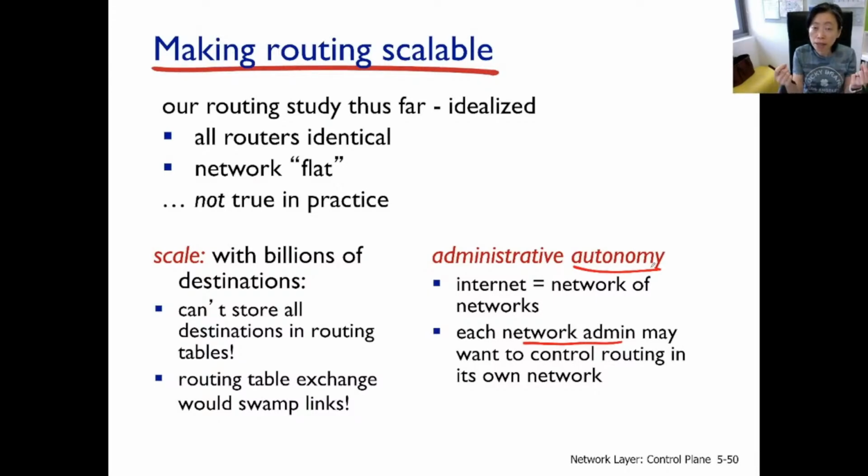What happens on the internet is also this. In each system, the network admin configures one or two routers and makes them the delegate routers. These delegate routers, at the higher level, will interconnect. So this system's delegate routers and that system's delegate routers might interconnect. And there could be lots of these systems all over the internet.